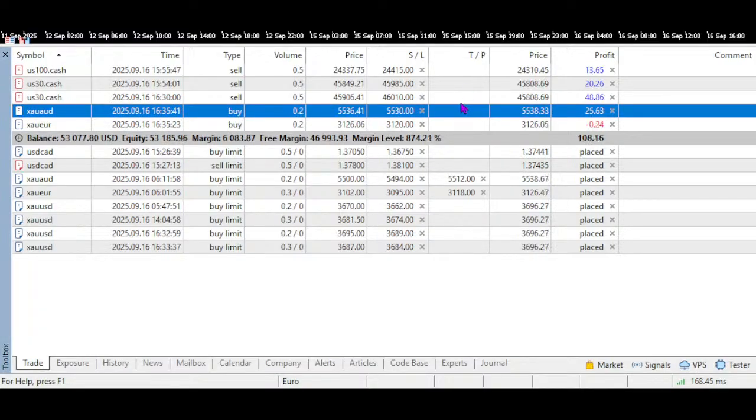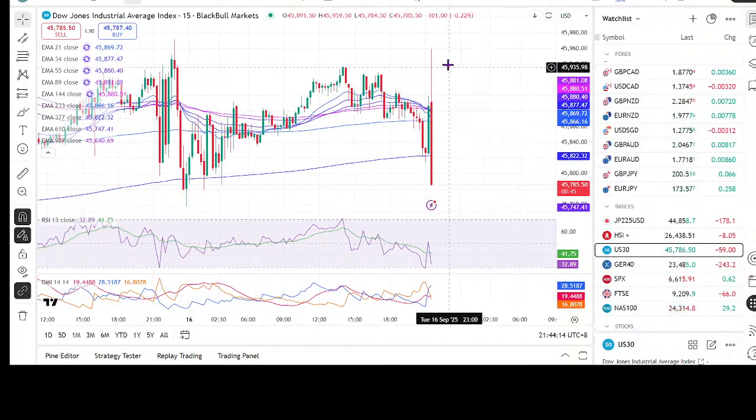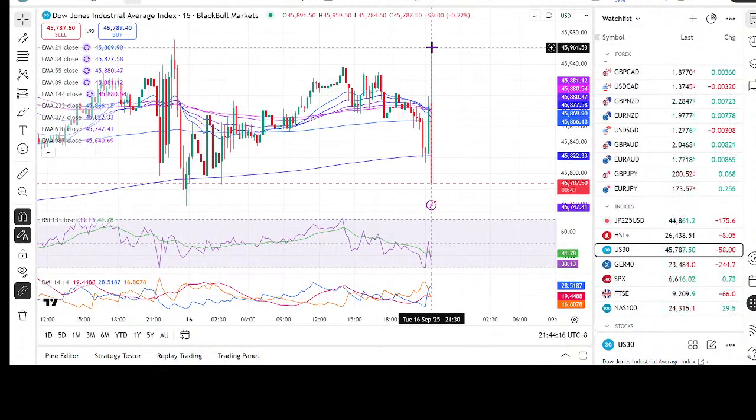The Dow seems to come down. Just now it was losing, and now it has already turned down. So let me see the price. You see the Dow chart, just now it was moving up.